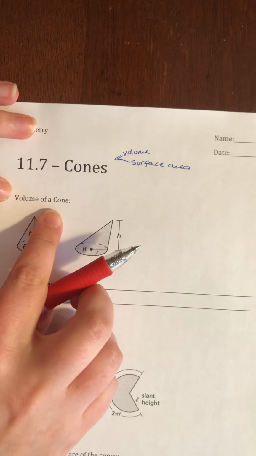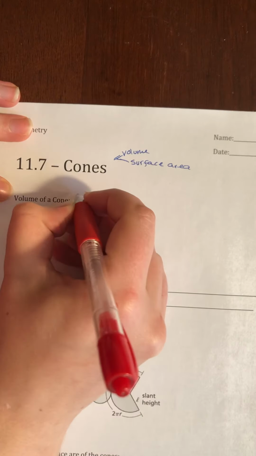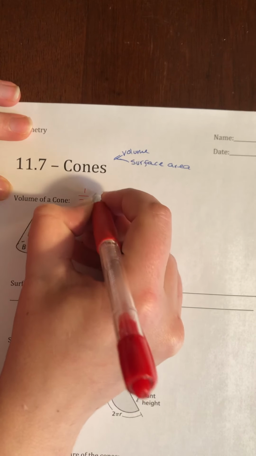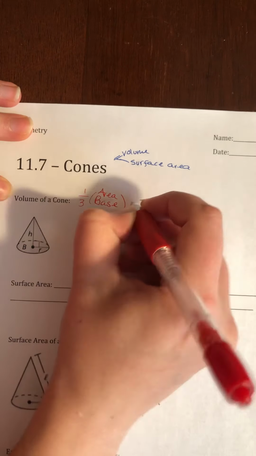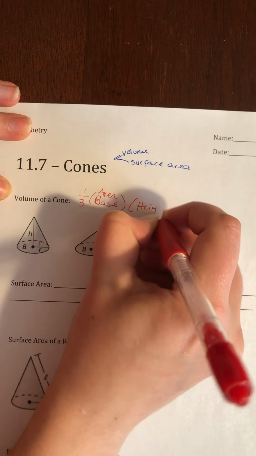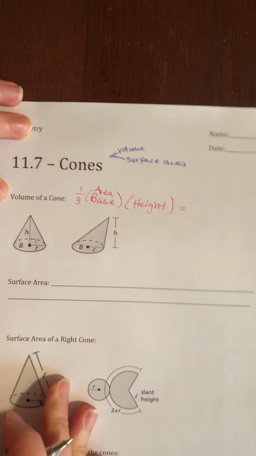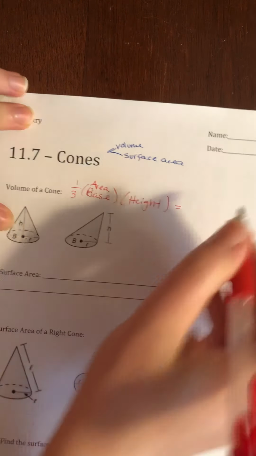The volume of a cone is just like the volume of a pyramid, where it is 1/3 the area of the base times the height. Now, in a cone, the base is always a circle.